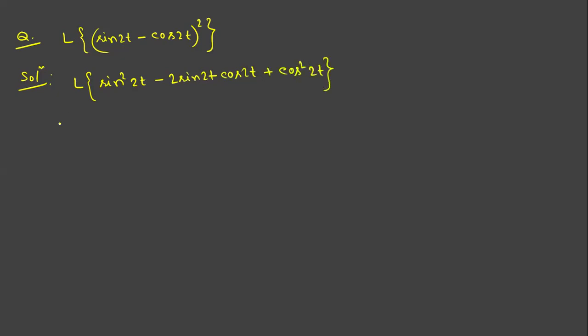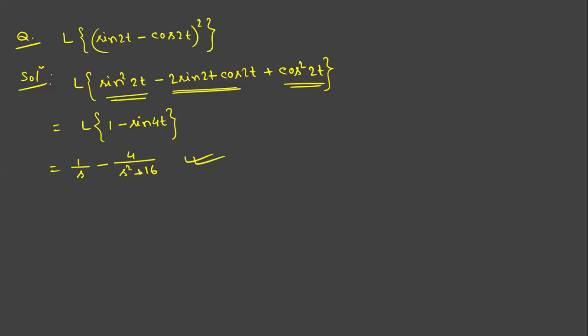Yes or no? This is Laplace of, where sin² θ + cos² θ = 1. So this equals 1 minus 2 sin θ cos θ, and 2 sin θ cos θ equals sin 2θ, that means sin 4t. And what is Laplace of 1? Laplace of 1 equals 1/s, minus Laplace of sin 4t, which is 4/(s²+16). Okay, this is the answer.